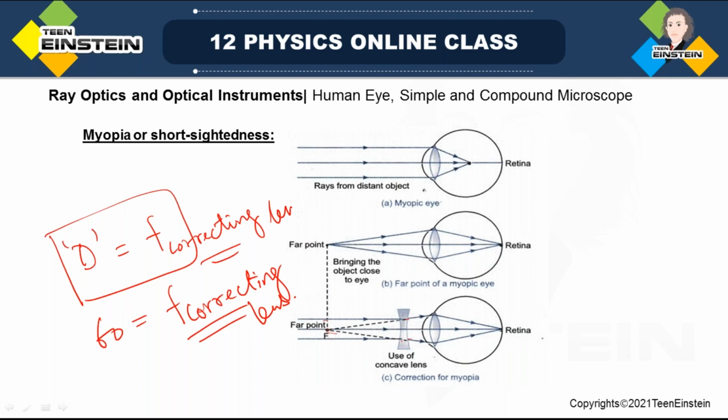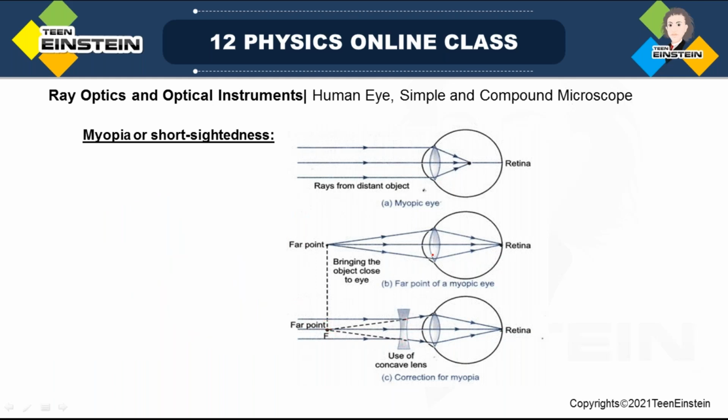You have to remember that the concave lens has to create a virtual image at the point from where the normal eye can see. By doing that, we can correct this problem, short sightedness or myopia.